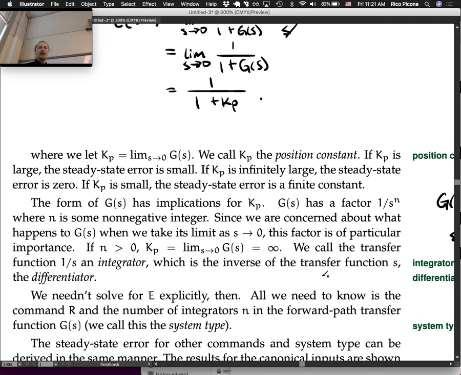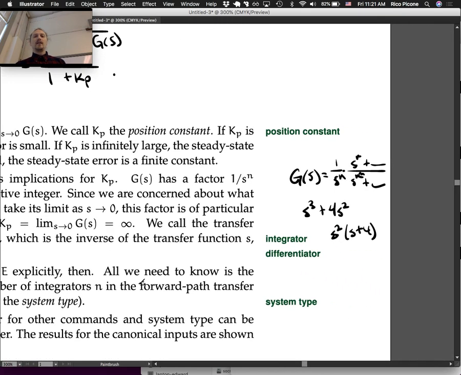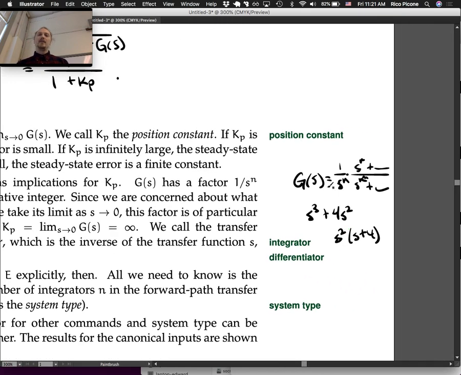Since we are concerned about what happens to g of s when we take this limit as s goes to 0, this factor is of particular importance. If n is greater than 0, what happens to g as you take s to 0? It becomes 1 over 0, which goes to infinity.